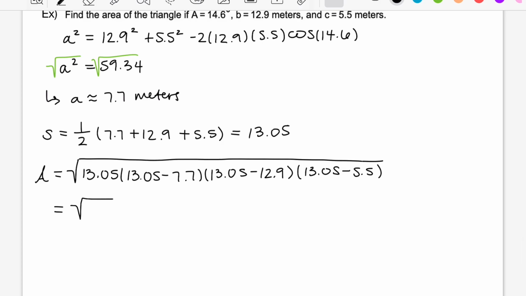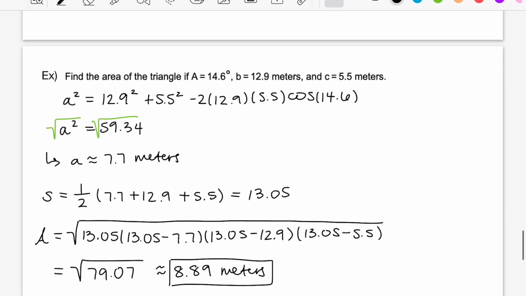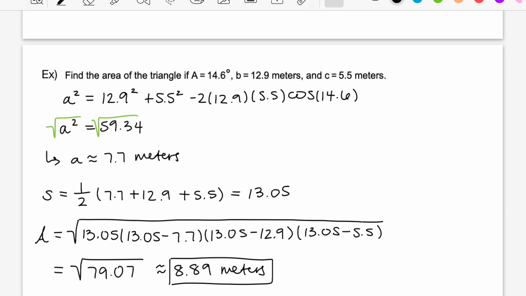This is going to be equal to the square root of 79.07, which is approximately equal to this here. So that means the area of this triangle, given this information, is going to be 8.89 meters.